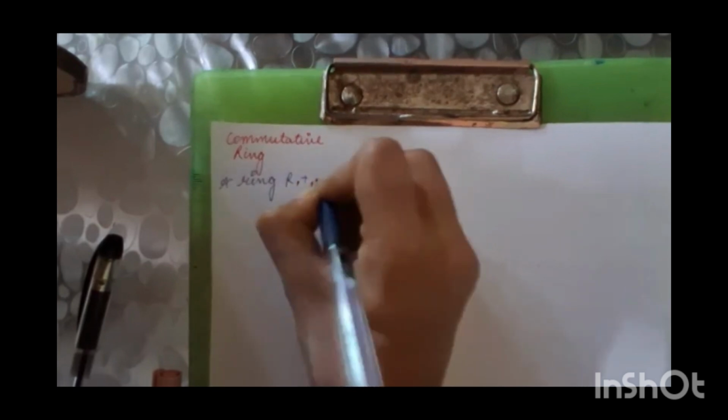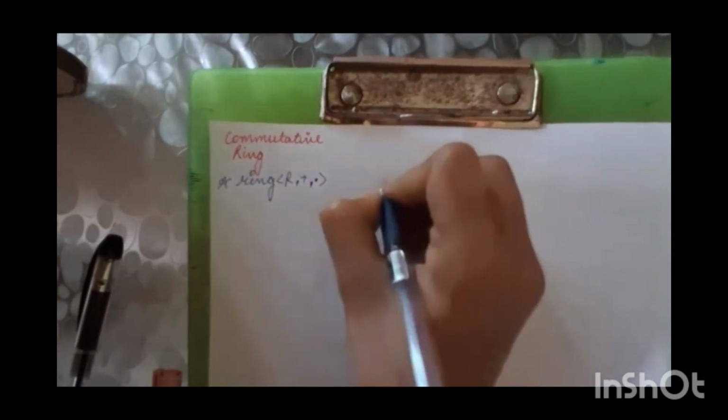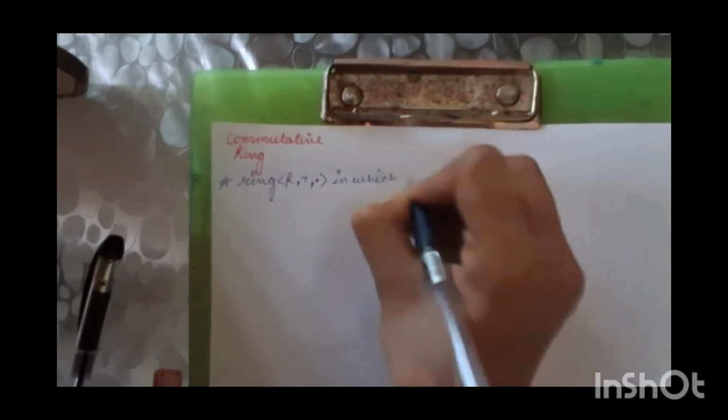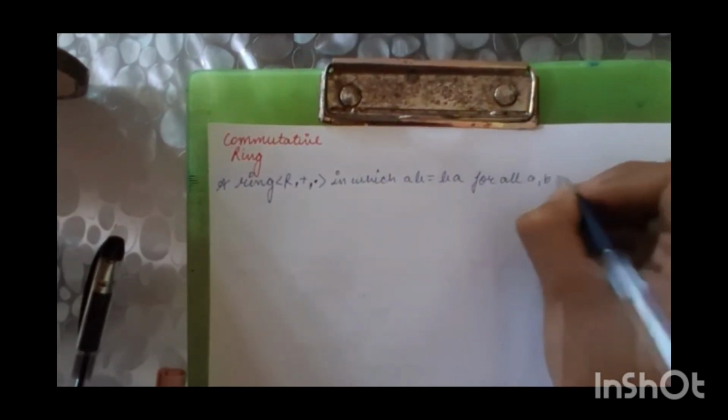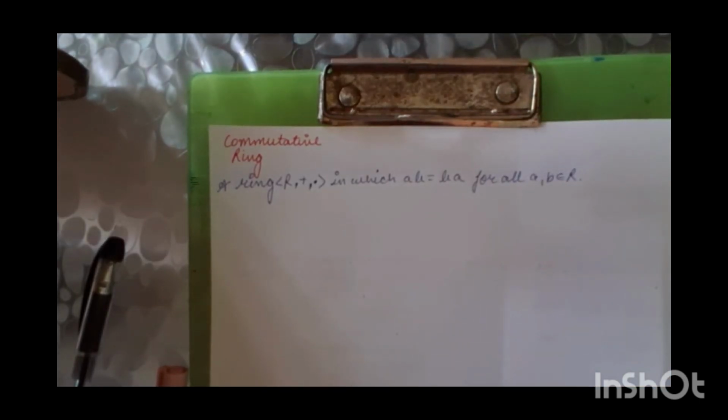A ring R with this notation is said to be commutative if ab is equal to ba for all a, b belonging to R. So we say that this is a commutative ring; otherwise we say that it is not a commutative ring.